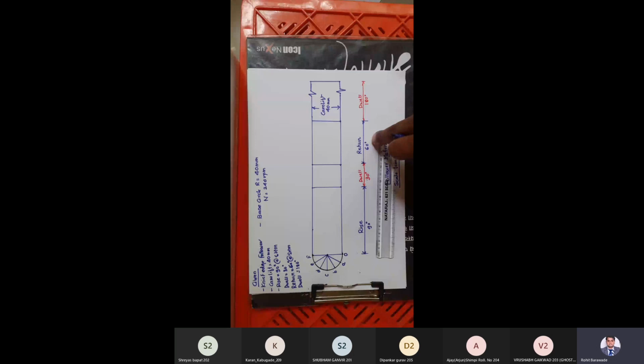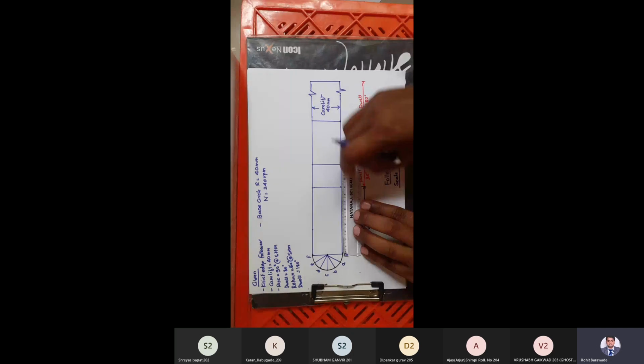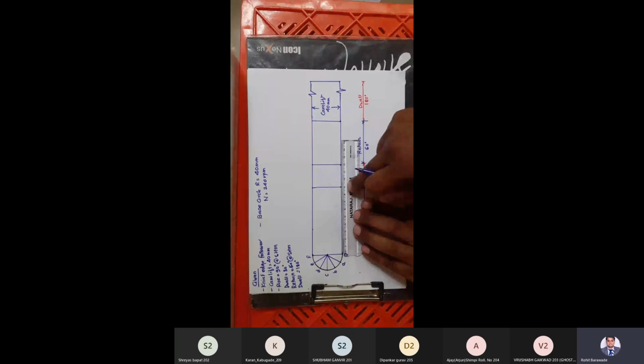Okay. So according to this, what am I doing right now? I'm dividing this half circle into 6 parts. That's why this rise period is divided into 6 parts. So it is basically 9 centimeters. If I divide this 9 centimeters into 6 parts, then one part comes to 1.5 centimeters, right?